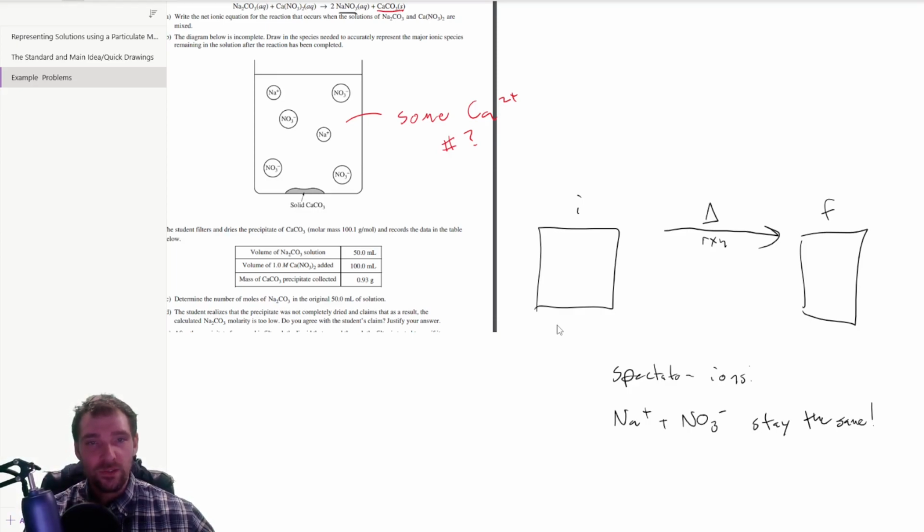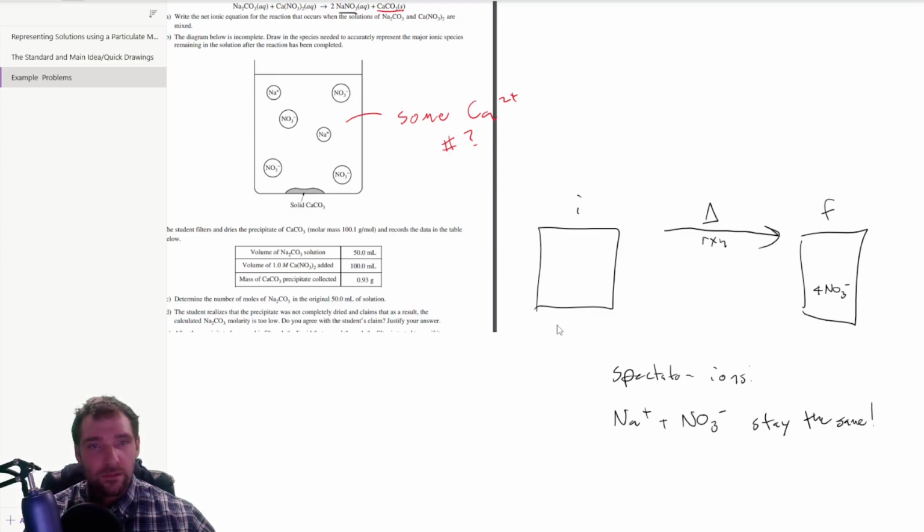So the amount of sodium in this picture, which is after they've reacted, the final, should be the same for the spectator ions initially, which will help us figure out how much calcium and carbonate we have. So if we look at this final situation, it looks like we've got 4 NO3s.